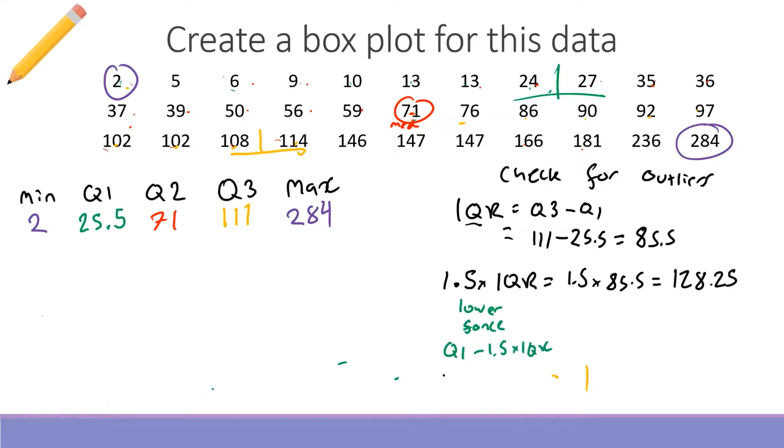And that's going to be 25.5 minus 128.25, which is negative 102.